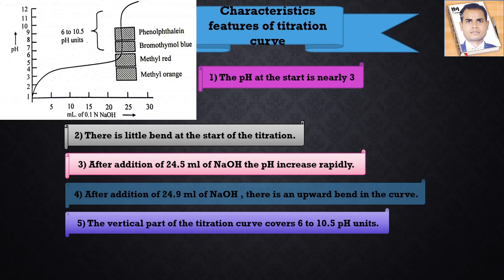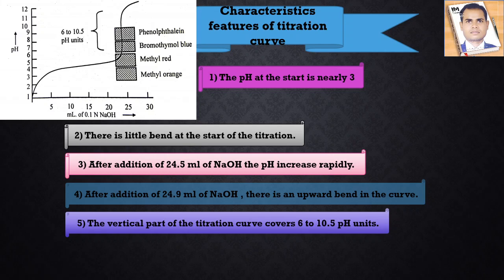The vertical part of the titration curve covers 6 to 10.5 pH units. You will see from this point, 6 to 10, so for this vertical region that will be the pH range.